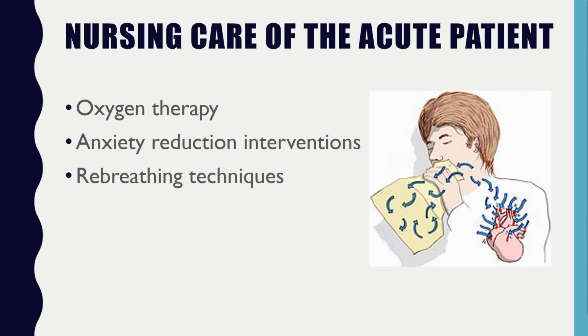We can administer sedatives or anti-anxiety agents as ordered. If our patient is ventilated, we may need to monitor or adjust the ventilator settings. We're going to give oxygen as ordered, and again, we're going to maintain fluid status.